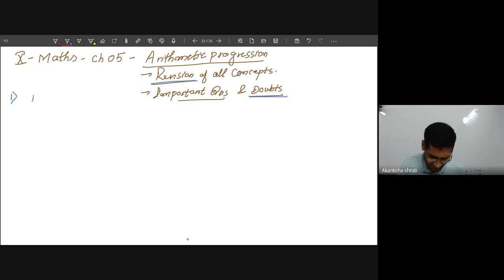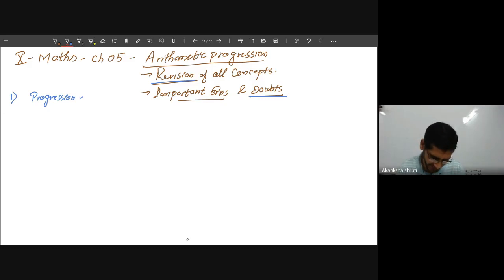what is progression. In this progression, we have learned that certain characteristics or relations can exist, and that can be AP, GP or HP.